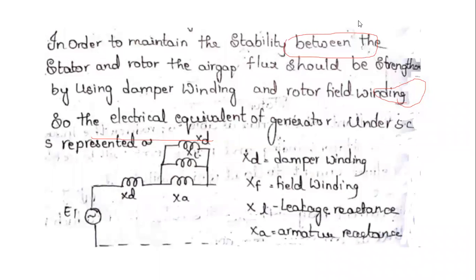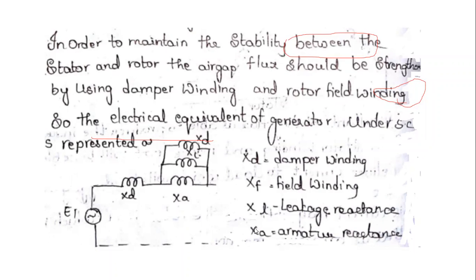In order to bring the machine from unstable to stable between the stator and the rotor, the air gap flux should be strengthened. We are increasing the air gap flux in the gap between the stator and the rotor.